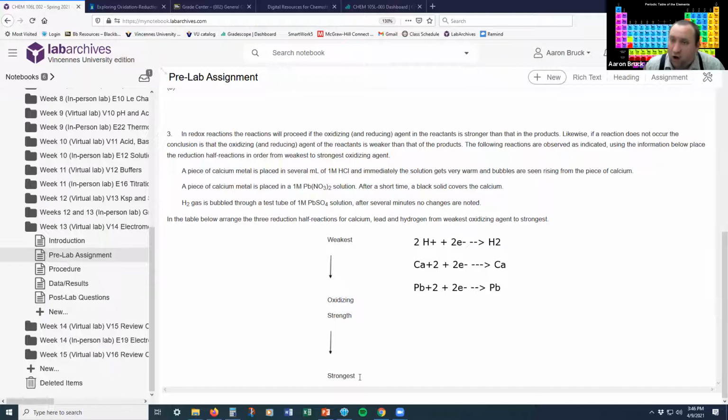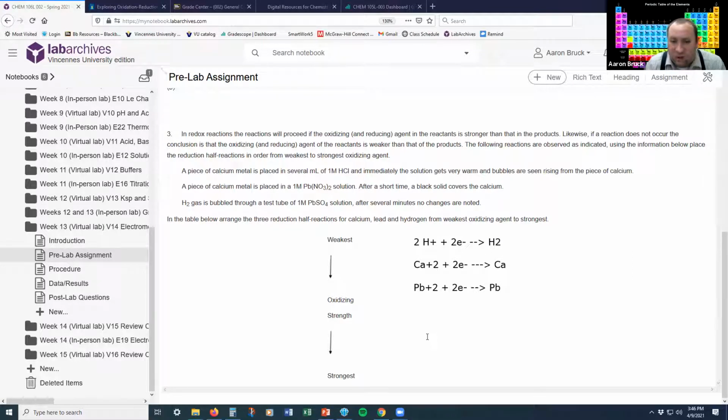The stronger it is as an oxidizer, the more likely it is to be reduced. So based on those observations, which one is the most likely to add those electrons and which one is more likely to actually reverse the process and give electrons away?